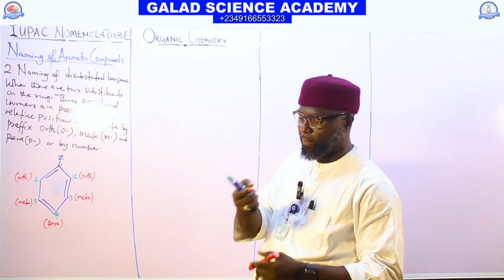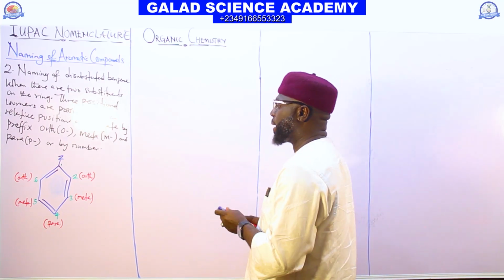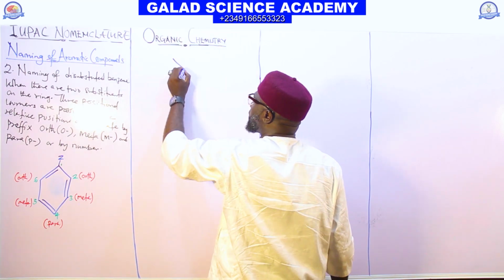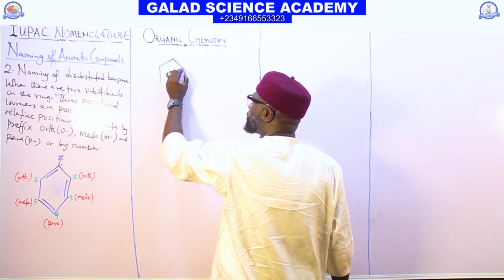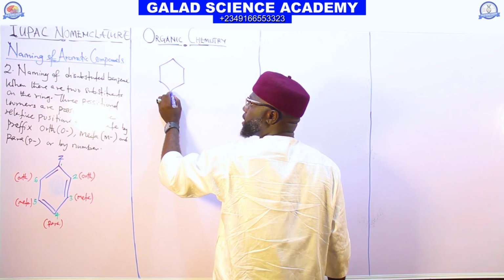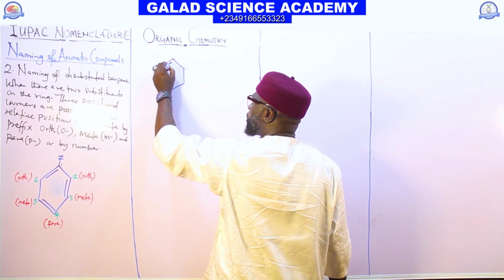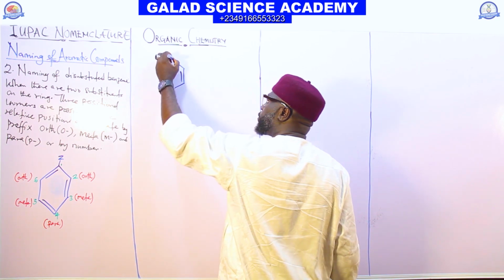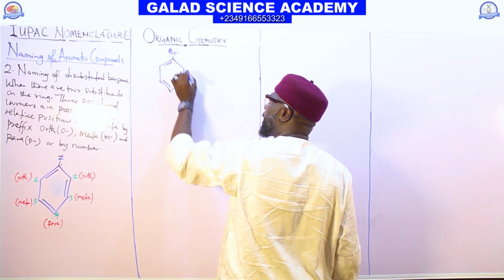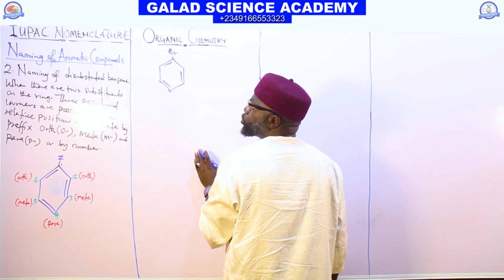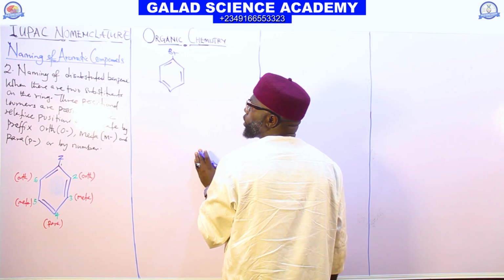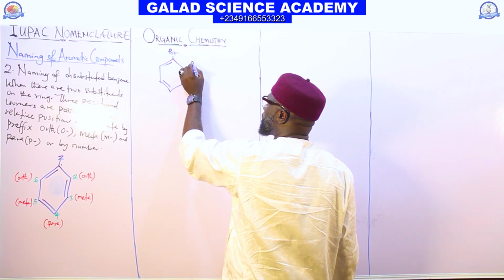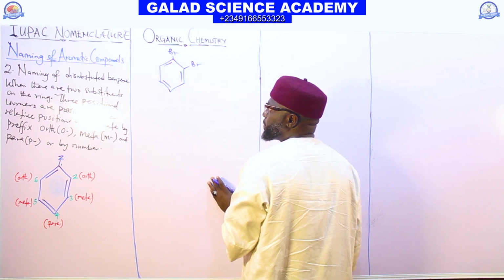Let's check it now. In a compound of benzene, we have bromine here, good, and we have another bromine here.